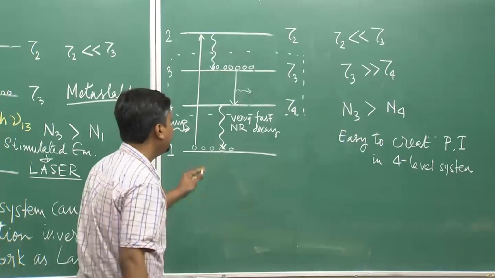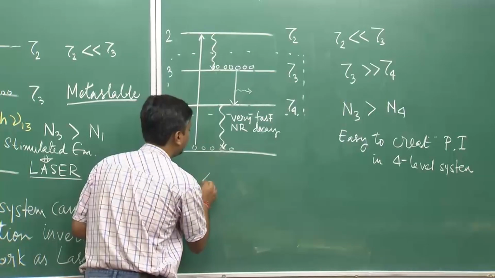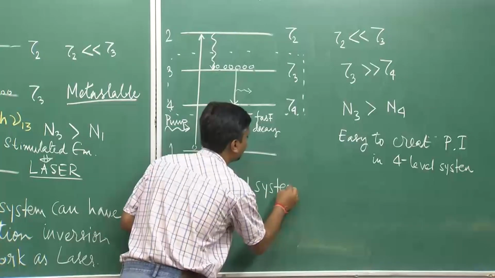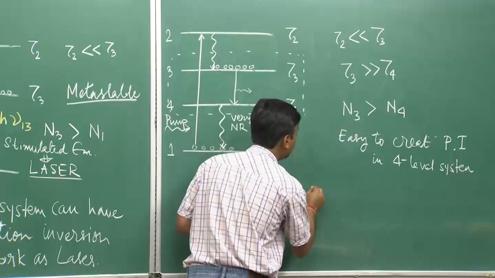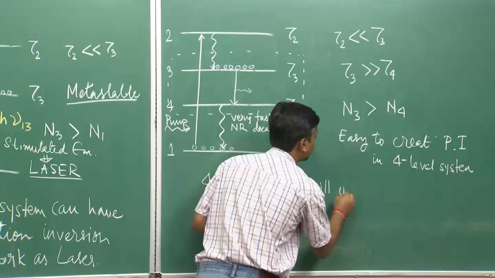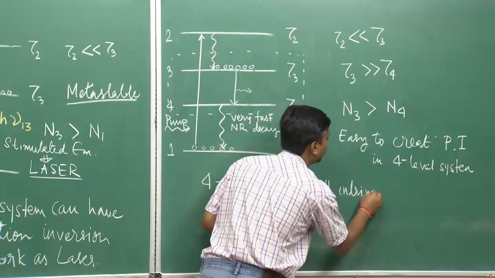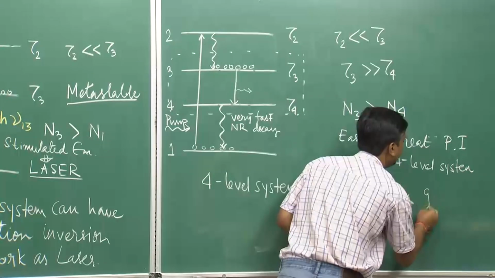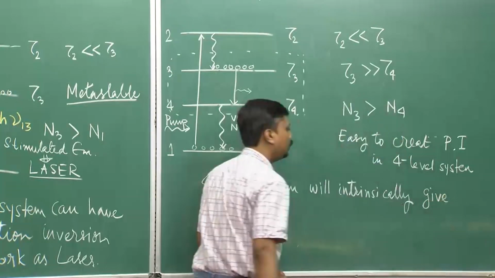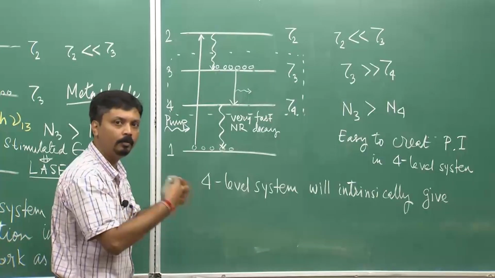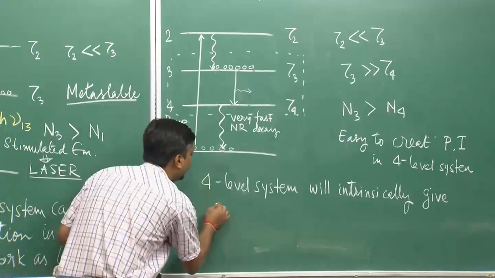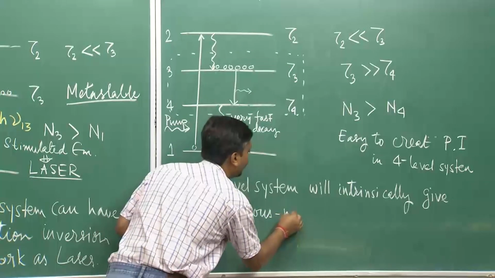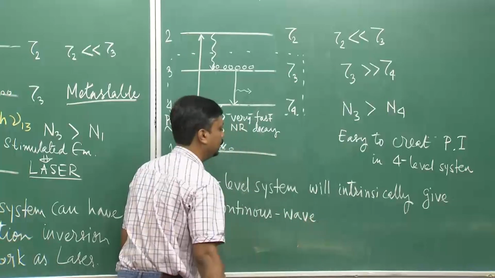So, it is therefore always having a situation where it is having population inversion. So, that means a 4-level system will intrinsically give a continuous output of laser light, which we say continuous wave laser output.